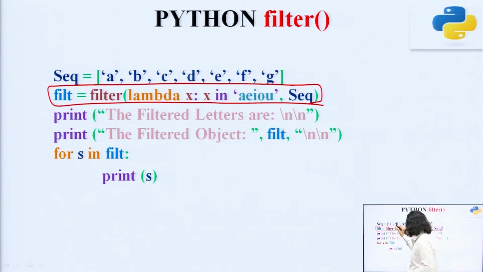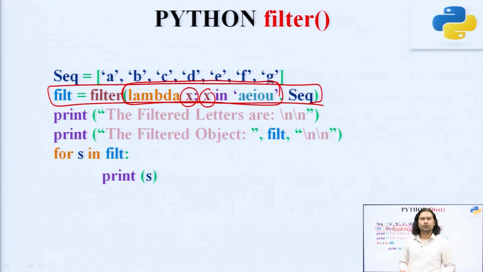This small code gives you the function directly inside the filter function. Lambda x means we are defining a lambda function with one parameter x, where x in AEIOU is taken as true. So this is the short code for the lambda function.